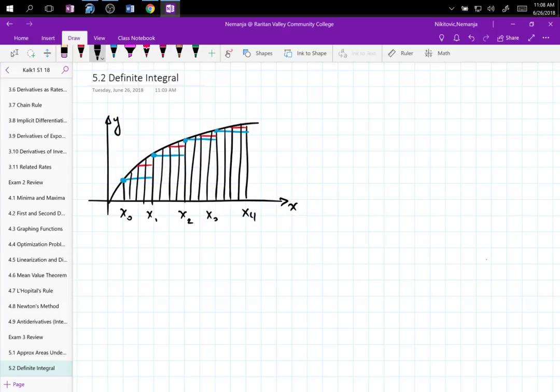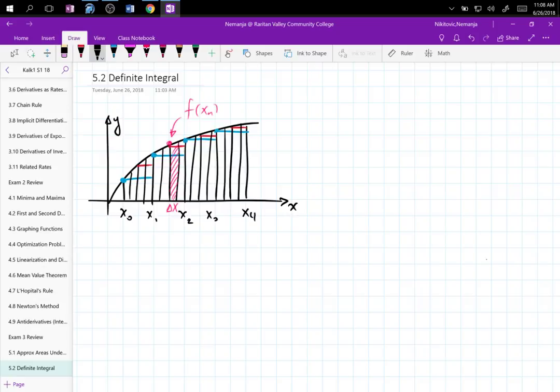So look at this. We pick one of these rectangles. I don't know, just pick any one, it doesn't matter. We know that delta x is the width, and the height of that rectangle is f of x n, whatever n works out to be. So now just observe the formula.